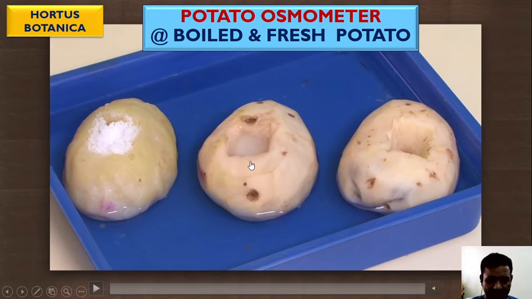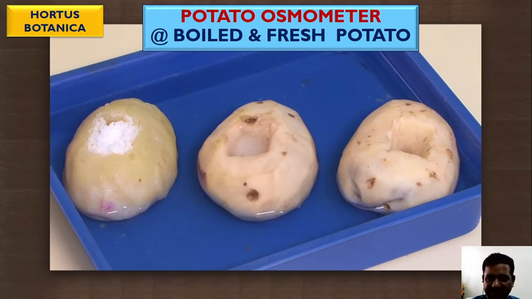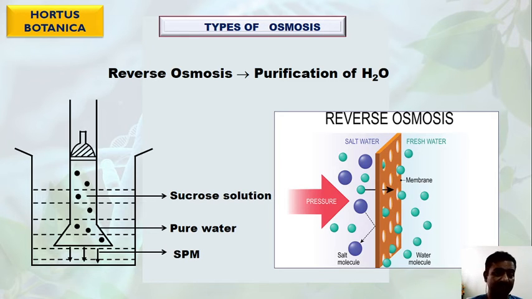In the second case, outside is hypo, pure water, and that is why water moves from the hypo to the hypertonic solution. And since the membrane is destroyed in the boiled one, it is not working. So there is no role of osmosis in a degenerated cell membrane, right? This is very interesting.